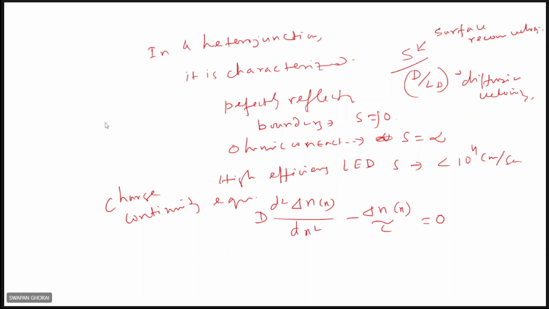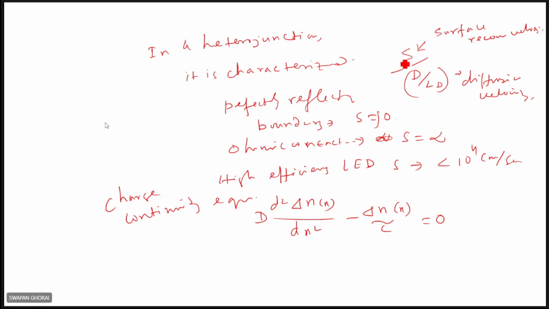For this, you have to consider that it is a heterojunction, and its characteristics are based on the heterojunction. Multiple layers are there, and one factor is S, the surface recombination, and another is the bulk. Recombination can occur within the volume and at the surface.